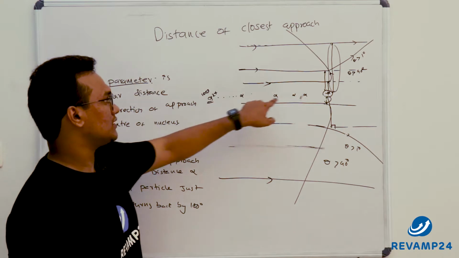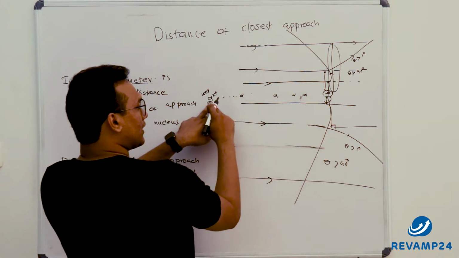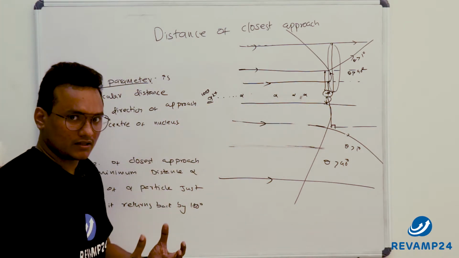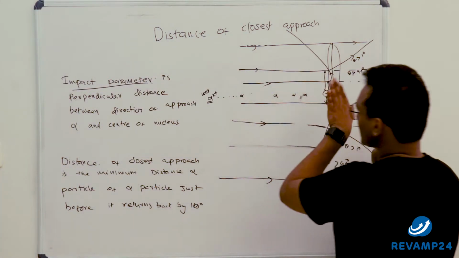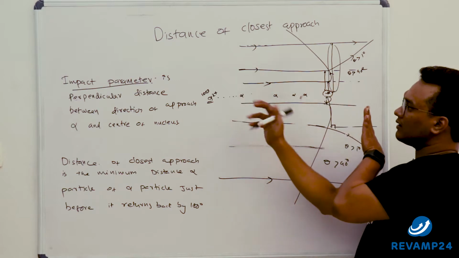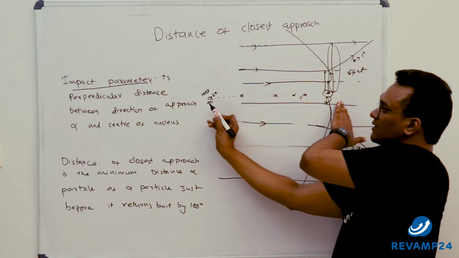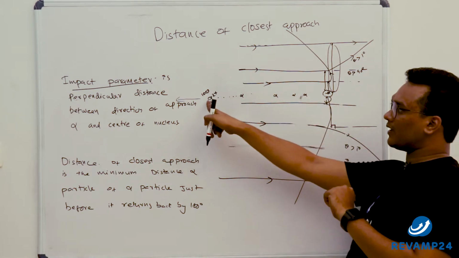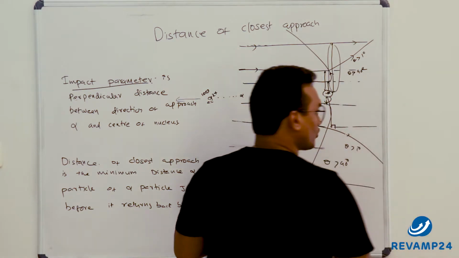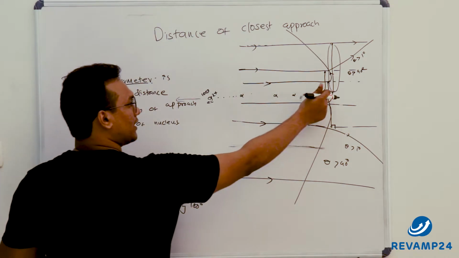As it comes here, the alpha particle has to do work against this repulsive force. The positive charge of the nucleus gives a force in this direction, but the alpha particle is coming in the opposite direction to the force exerted by the nucleus.